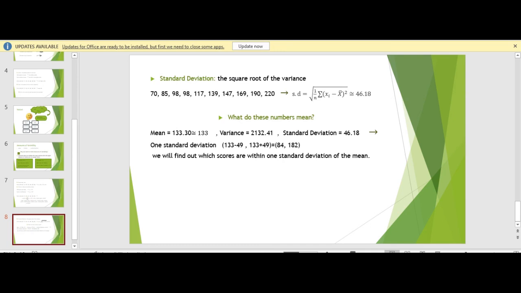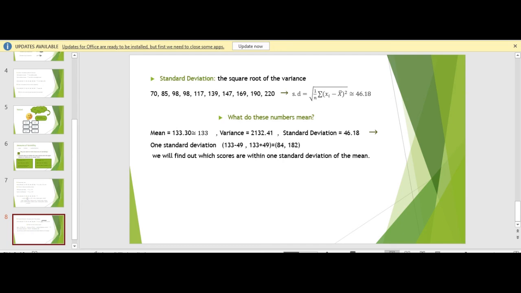But what do these values really represent? Bring the example back in your mind again. So we have mean and standard deviation, and we can find out which scores are within one standard deviation of the mean. Scores between 84 and 182 fall within one standard deviation of the mean.